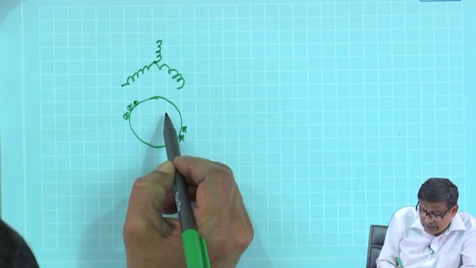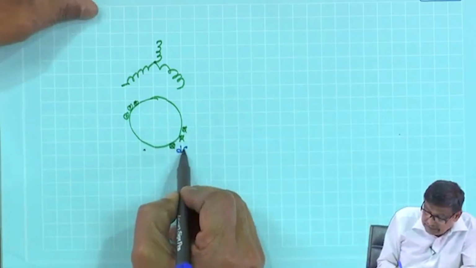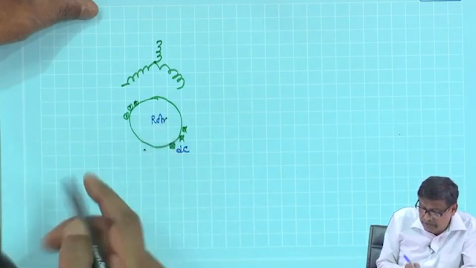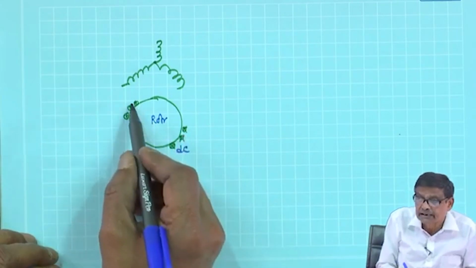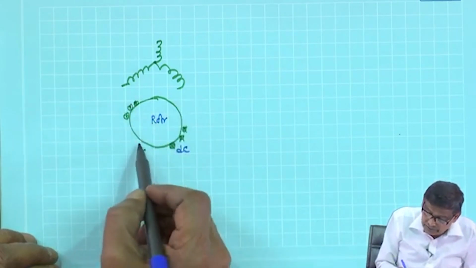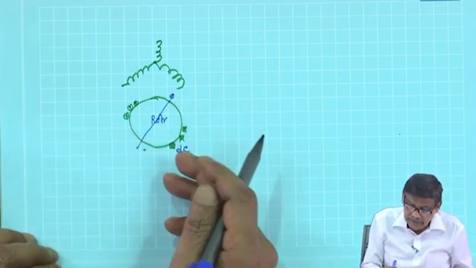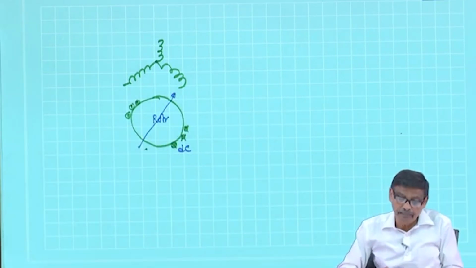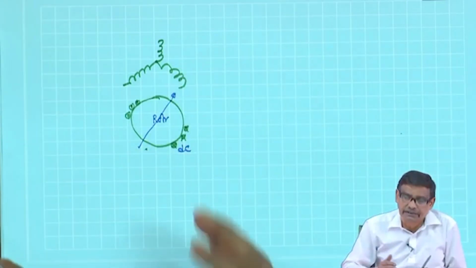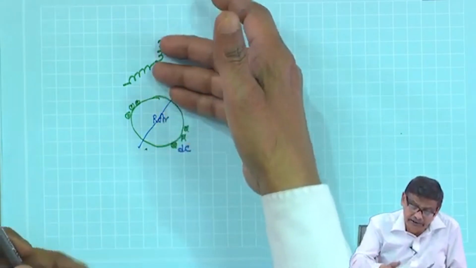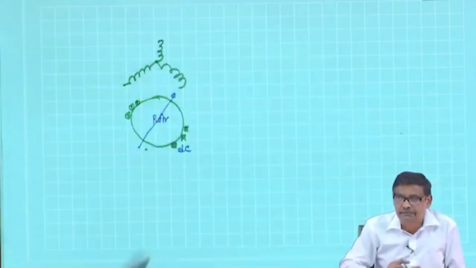You pass current such that this conductor carries cross and this conductor carries dot, so that the lines of force will be like this. Of course, these two can interchange their positions, that is, you can place the 3-phase winding on the rotor and the DC coil on the stator.